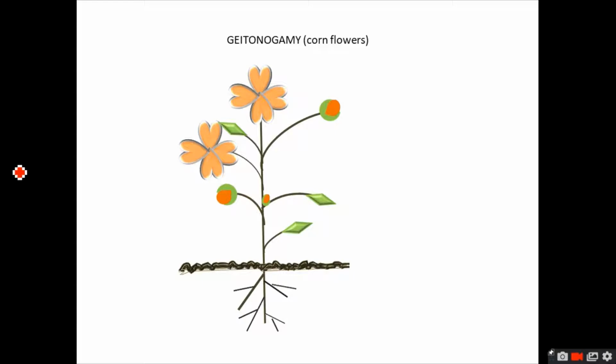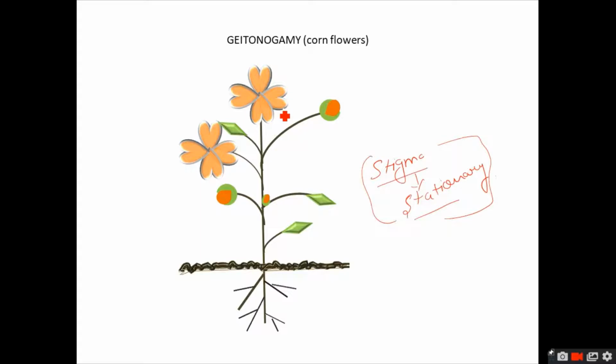Now the next principal way of pollination is geitonogamy. In geitonogamy, the plant is the same but the flowers are different. That means on a single plant, two different flowers are selected for the transfer of anther. The stigma is stationary, that means the female reproductive parts are not in motion.